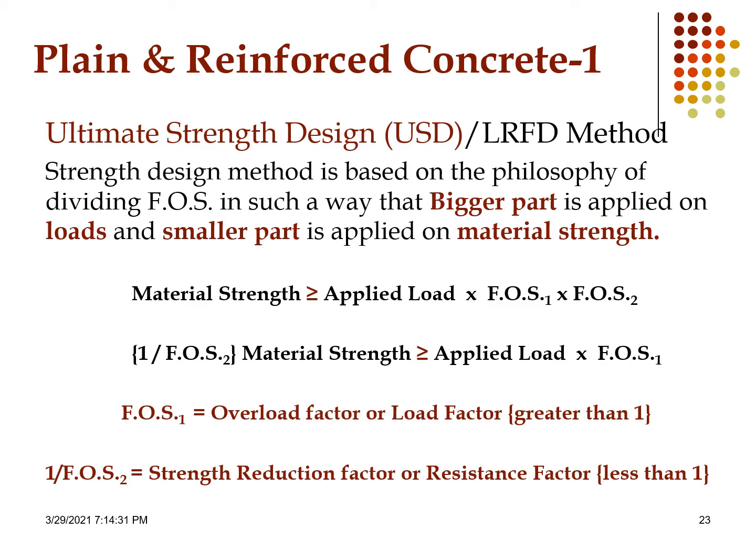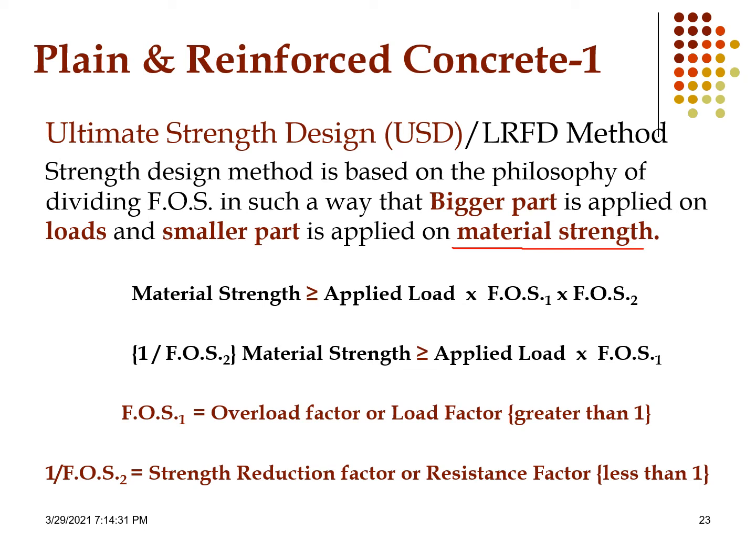Now design method. Actually we have two different design methods. One we call the ultimate strength design method or LRFD method, and the second method is the allowable strength design method or ASD method. The LRFD method, or strength design method, is based on the philosophy of dividing the factor of safety in such a way that the bigger part of factor of safety is applied on the load and the smaller part is applied on the material strength.